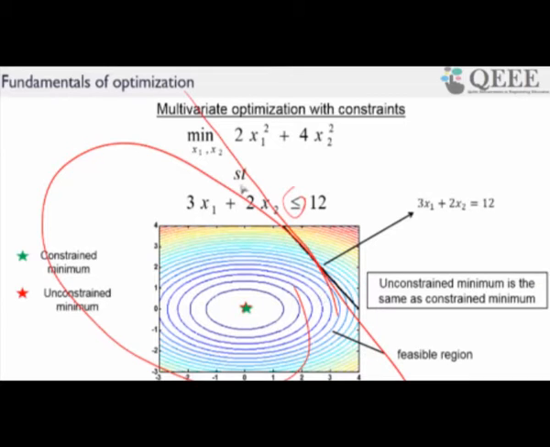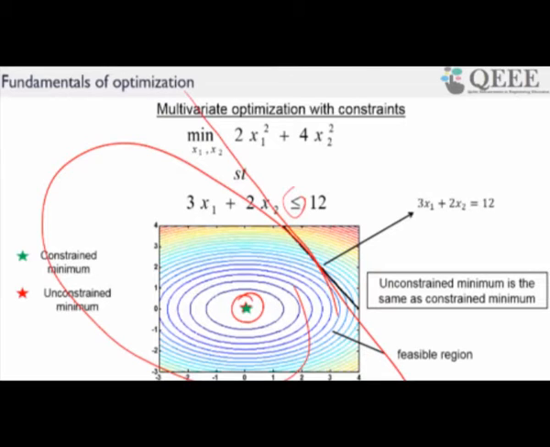Now I am saying any point on this side of the line. Remember the half plane that we talked about in linear algebra, which comes into play here. Any point on this side of the line is okay. In this case, it turns out that the original unconstrained minimization solution and the solution to this constrained problem are the same, because the original solution falls on the correct side of the line.